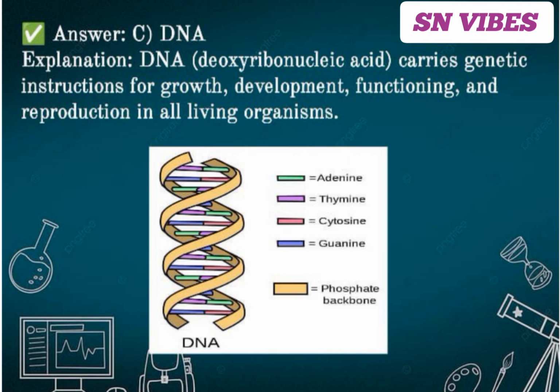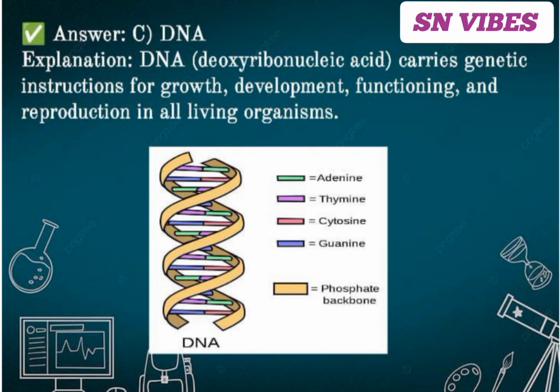So here the DNA full form is deoxyribonucleic acid, which carries the genetic material and sorts the genetic material into different kinds, whereas it can maintain the growth, development, and functioning, and it also helps in the reproduction in all the living organisms. This is the main function of the DNA.